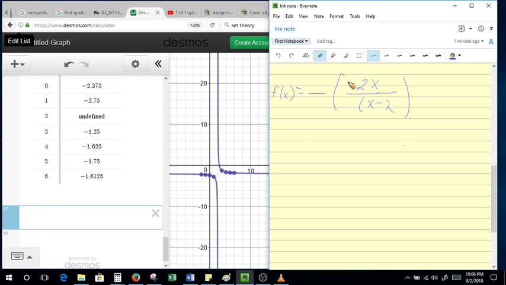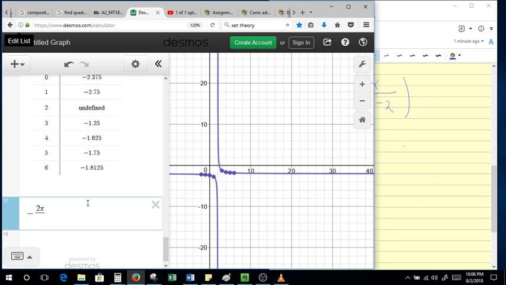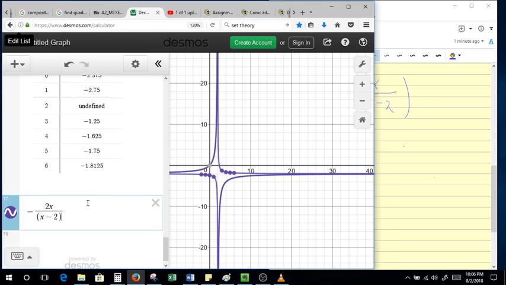If we put in this idea, -2x over x minus 2, it would be flipped over the axis. So yes, we have that asymptote, and that works out, and yes, we have this one here. However, the values in the table and the values in the graph don't really make sense for having a flip.